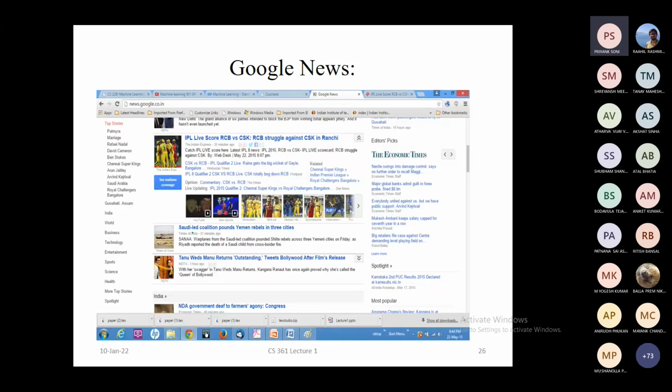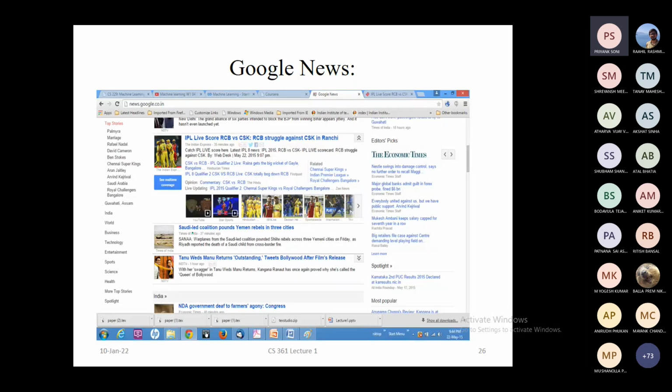Okay, here is another typical and very common example. When we search for IPL in Google, lots of IPL related things will come up.